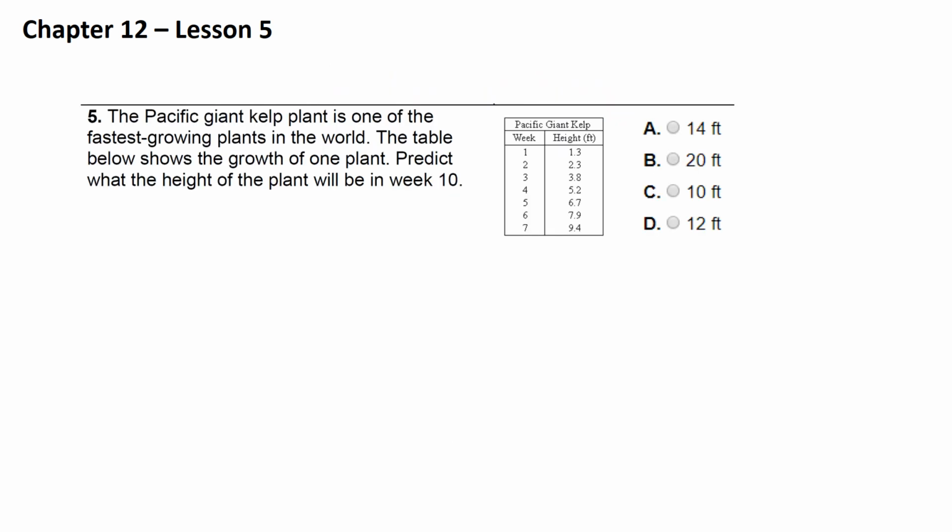The Pacific giant kelp plant is one of the fastest growing plants in the world. The table shows the growth of one plant. Predict what the height of the plant will be in 10 weeks. All right, so in 7 weeks, it went from 1.3 to 9.4. So that is a difference of 8.1.